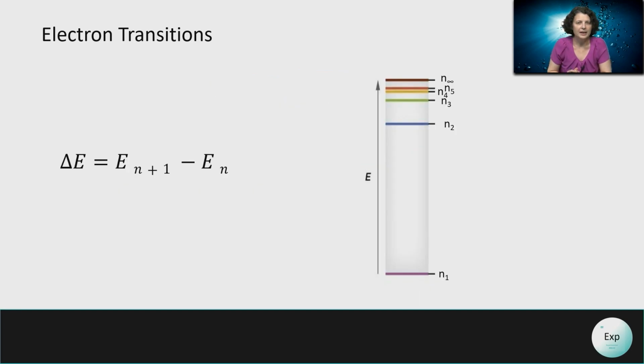When it comes to electron transitions, if we're able to determine the energy of one orbital and another, then the difference in energy between the two can also be calculated. If we complete these calculations, we find that the difference in energy between orbit 1 and orbit 2 is going to be the highest, and then orbit 2 to orbit 3, and then orbit 3 to orbit 4, and so on. These will get increasingly smaller.